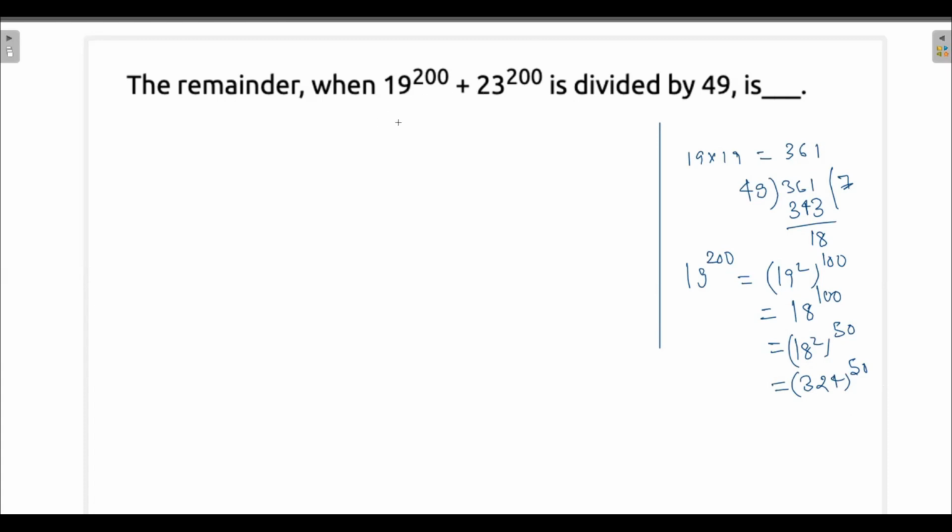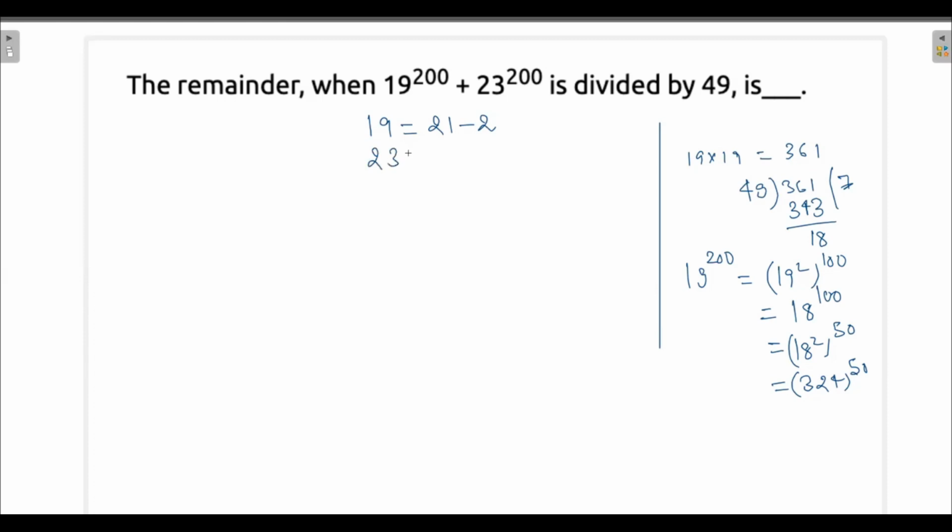When you look at 19 closely, you could write 19 as 21 minus 2. And why are we doing this? We could have gone closer to 49, but we are not able to go there. So we are looking at the factor of 7 at least. This 21 is going to be divisible by 7, and we will see how it helps us.